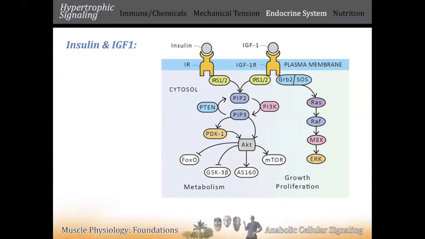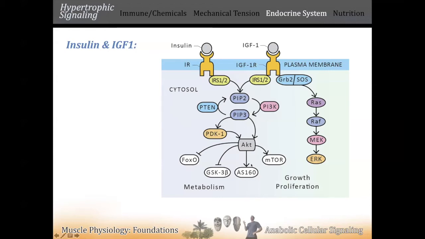Remember that interaction from earlier where protein kinase A needs to be activated by cyclic AMP. And so phosphodiesterase is being activated by PKB and PI3K, which is breaking down your cyclic AMP, so PKA doesn't get activated.